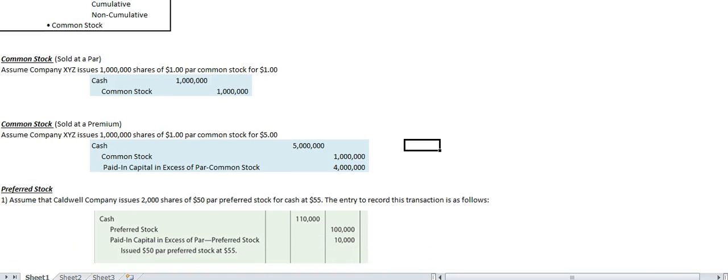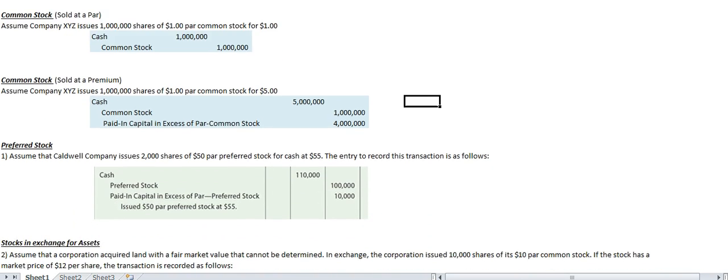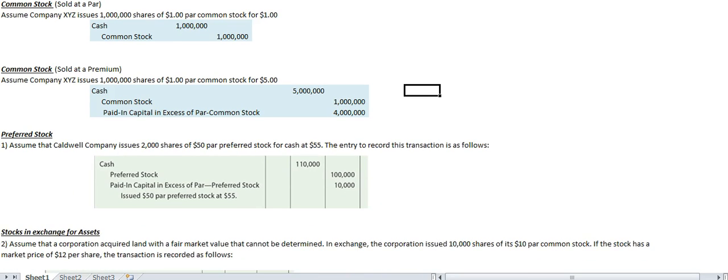So what happens when they issue preferred stock? It's a very similar situation with preferred stock. It's pretty much no different. So assume that Caldwell Company issues 2,000 shares of $50 par. So 2,000 times 50 is going to be 100,000, right? I already know that that's going to go into my preferred stock account.